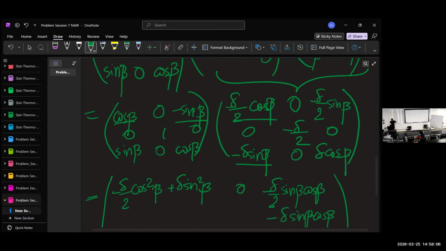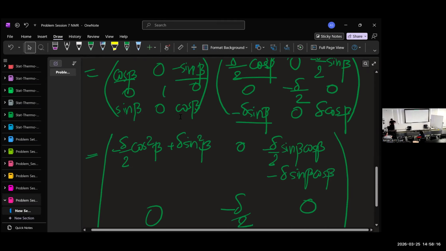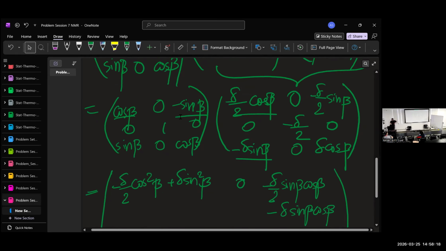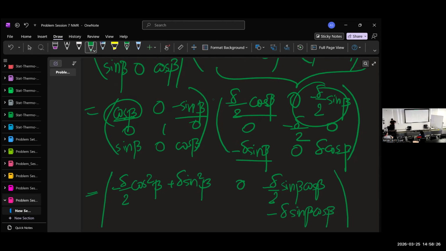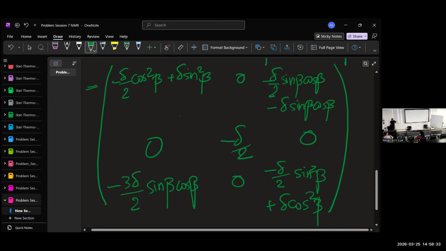So the first term is this with that, and this with that. Does that make sense? Then you have these zeros all around because of the structure of the matrices that you started with. And then the next one is this, that, this term, this term. You walk through that term by term and you get this matrix.